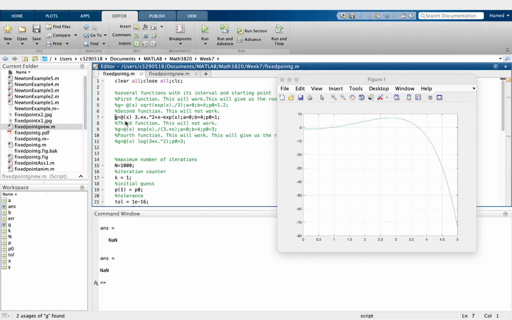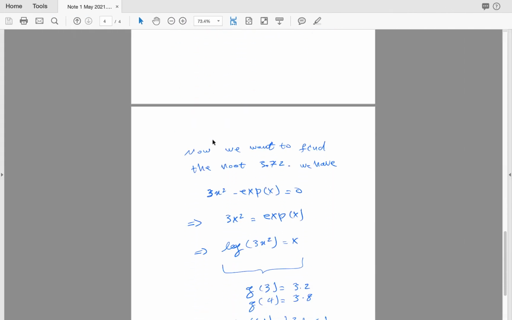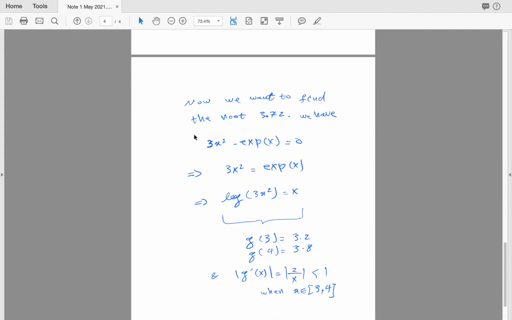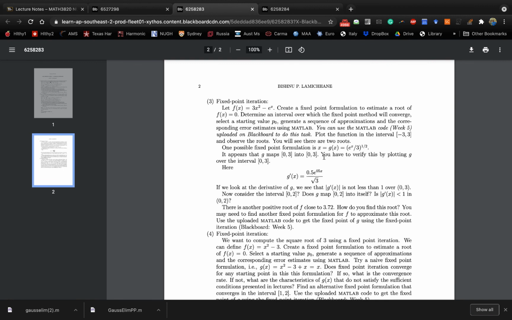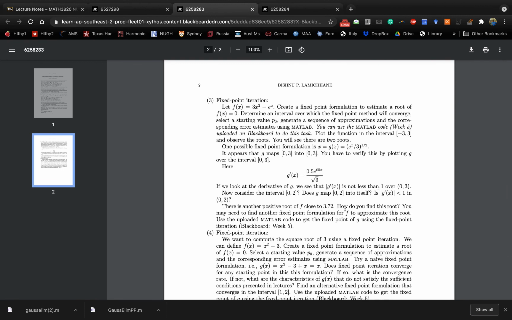Choosing an appropriate g is very important for using the fixed point method for finding the root of f of x. So for finding the root 3.72, which is given in the question, let's have a look at the second part of the question, which asks for another possible root, so let's find that.